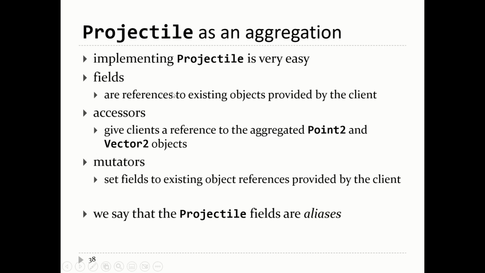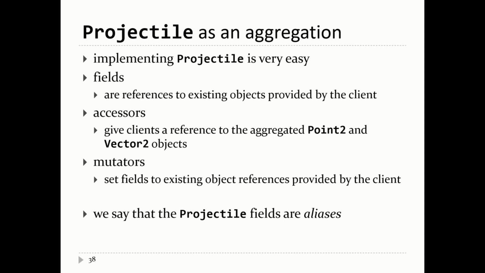So it's not really any different than if the fields had been primitive. The fields are just references to existing objects. The accessor methods simply return a reference to the internal point and vector, and the mutator methods simply set the internal point and vector to the incoming objects.